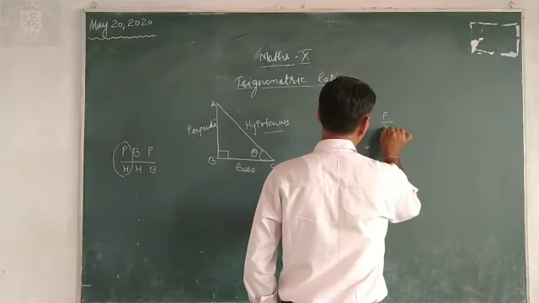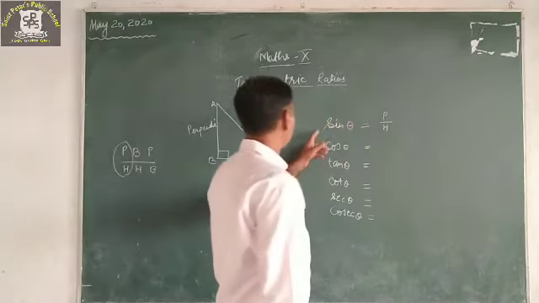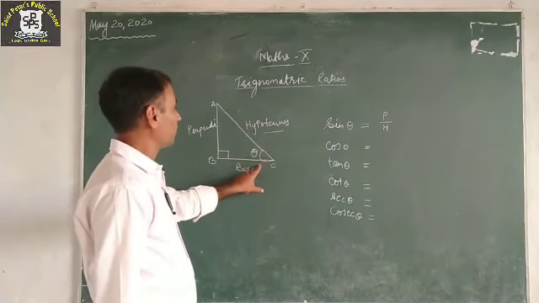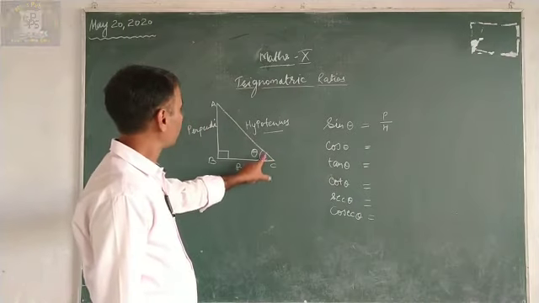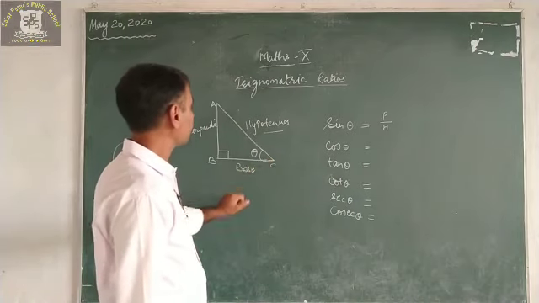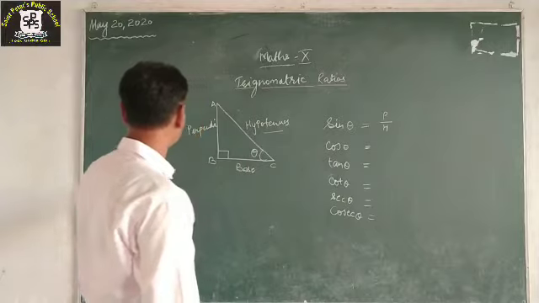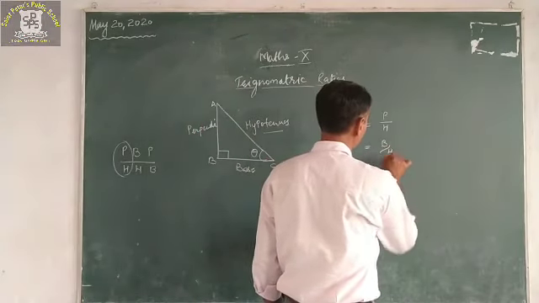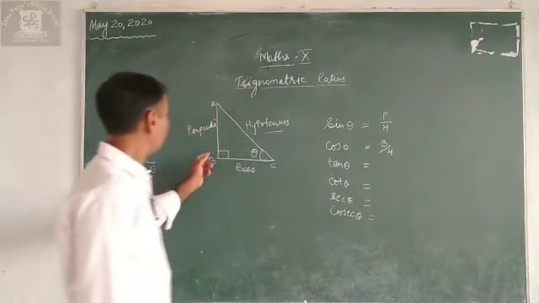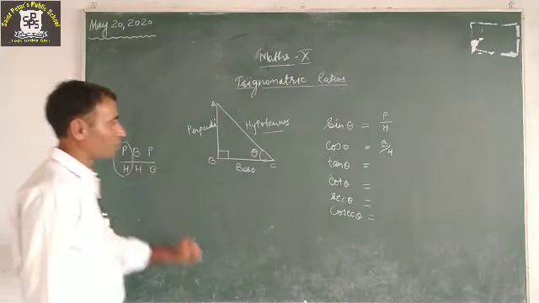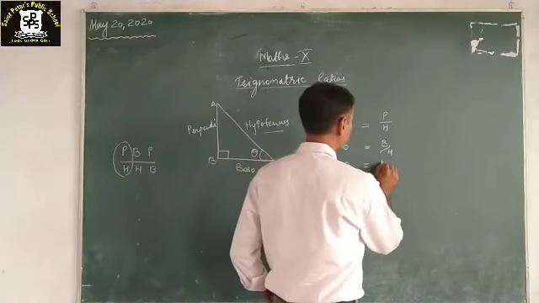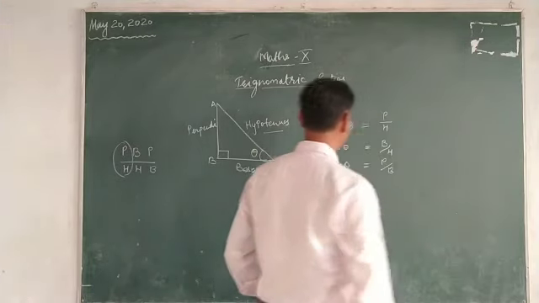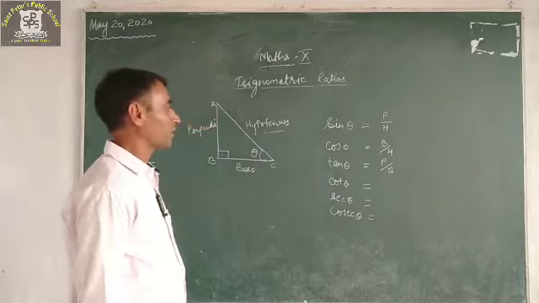Perpendicular upon hypotenuse is equal to sine theta with respect to the angle theta at the vertex C. For cos theta, it's base upon hypotenuse. For tan theta, it's perpendicular upon base.